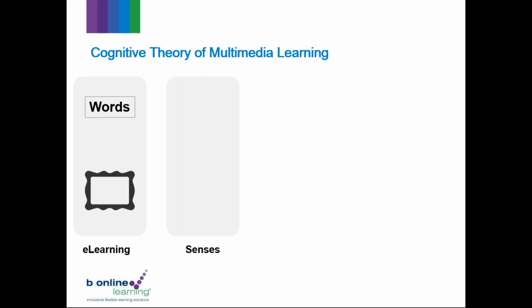When we're looking at processing of that information, the multimedia, the e-learning that's presented, is processed by our ears and our eyes. Now I know we use our hands to manipulate the mouse or touch the screen, but technically that's not processing the information. The information is actually coming into our brains through our eyes and our ears.